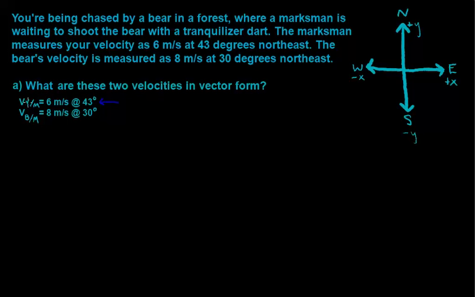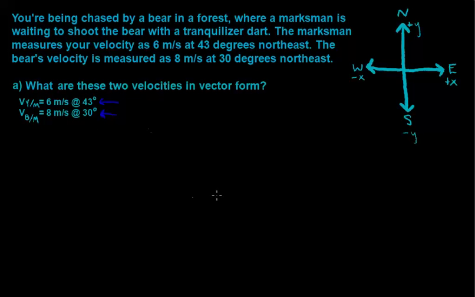So this little u here is us, and the little m here is the marksman, representing u relative to the marksman. And then this velocity is the velocity of the bear relative to the marksman, the little b relative to the little m, and that is 8 meters per second at 30 degrees northeast.